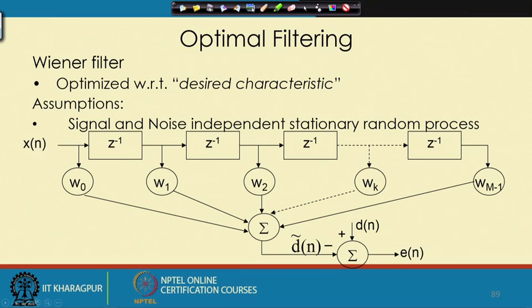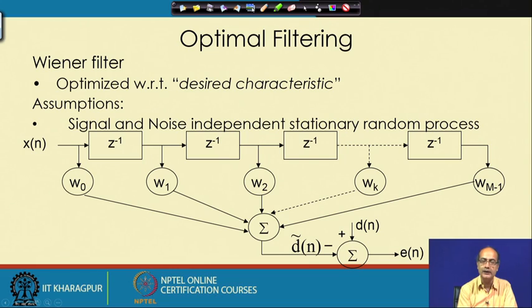Now, to go for this optimal filtering, or the Wiener filter, which is named after its inventor, we look at the assumptions we need to have on the signal and the noise. Both the signal and the noise should be stationary. Stationary means weak sense stationary, because that is the one we can get, and these two should be independent.